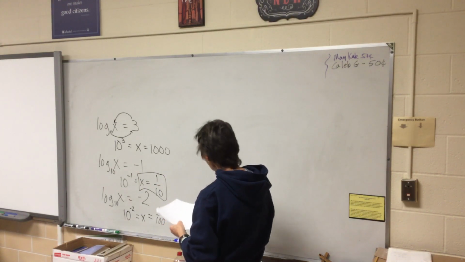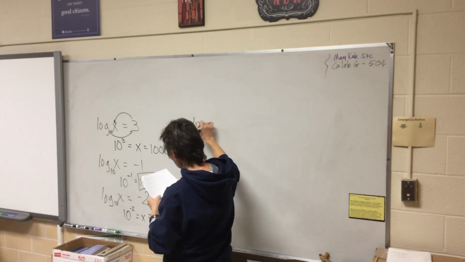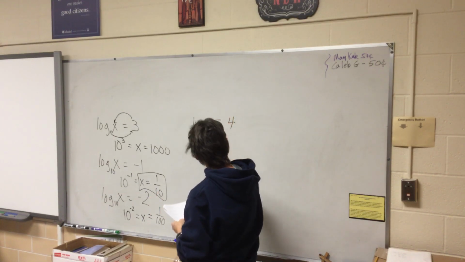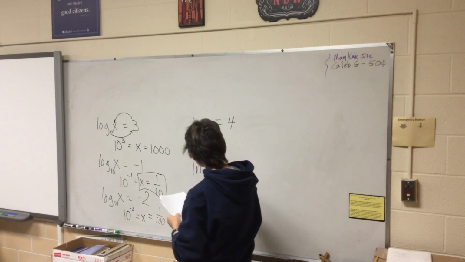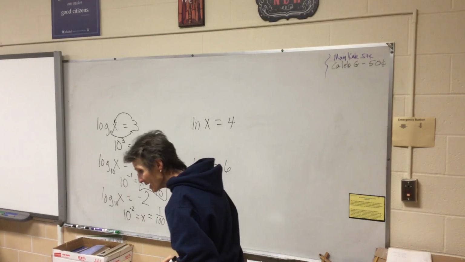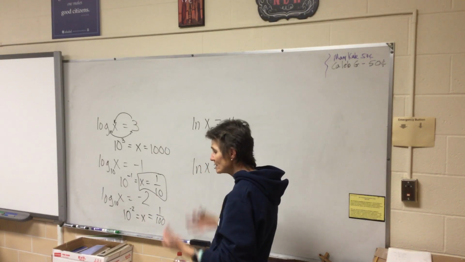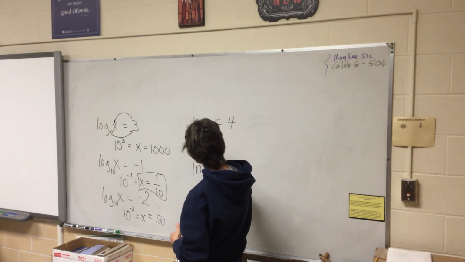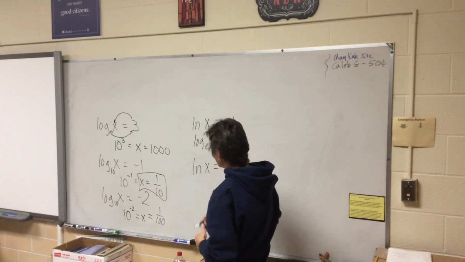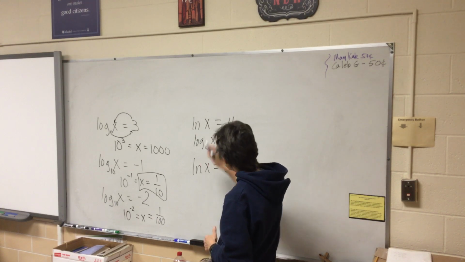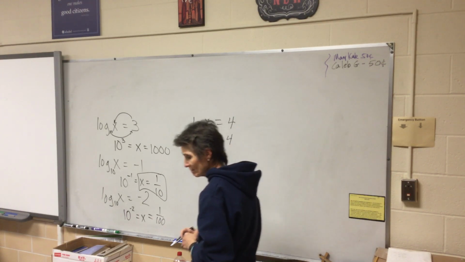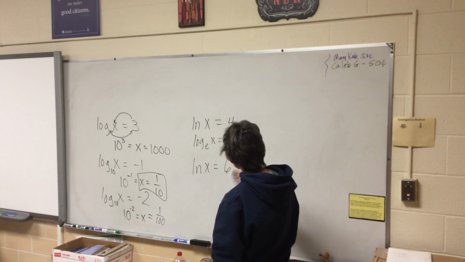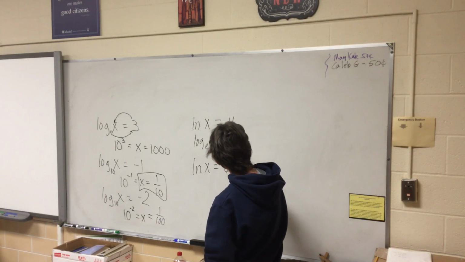Now, the next couple are the same thing, but they are LNs. Please don't forget that LNs are just another kind of logarithm. So this is log base e of x equals 4. Ln is log base e. So what's the answer going to be?